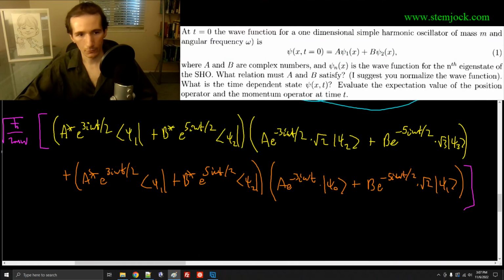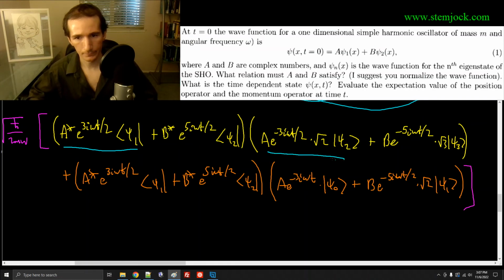All right, so now we have to multiply this all out using the FOIL method. So if we multiply these first terms here, the bra psi 1 and the ket psi 2 will combine to form an inner product psi 1 comma psi 2. That will be 0 because the first and second eigenstates are orthogonal.